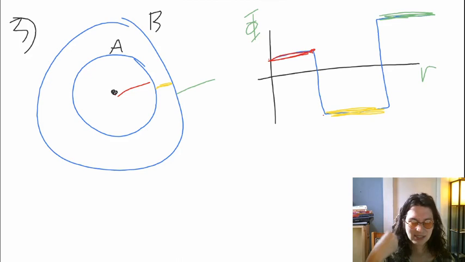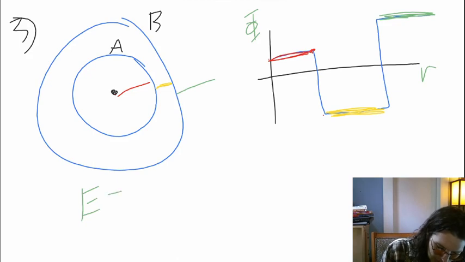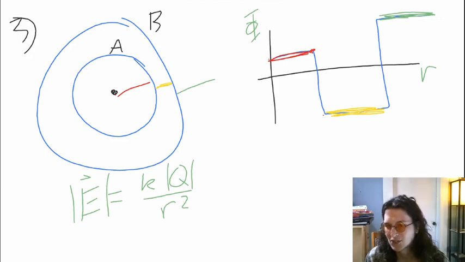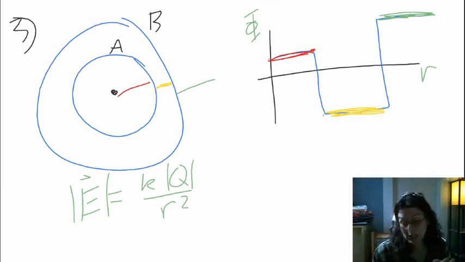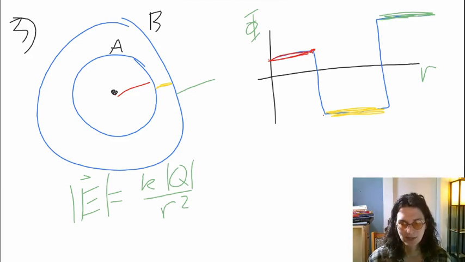That definition is that the electric field is equal to K times Q over R squared. This isn't a complete, robust definition, but this is a vector, and we can put some absolute values here and say we can find the magnitude of the vector with this equation. Anyway, point is that this equation is good for finding the electric field due to a point charge specifically.